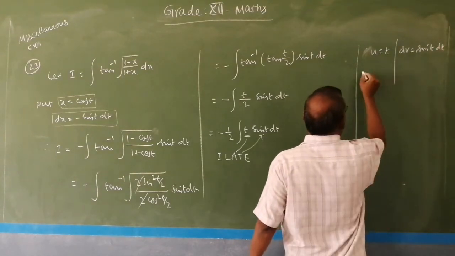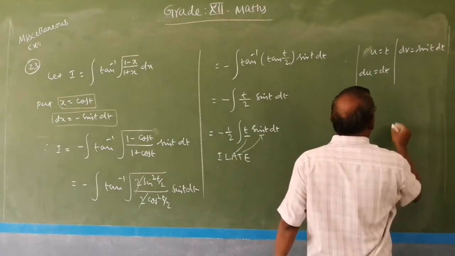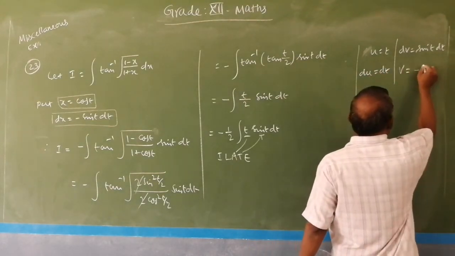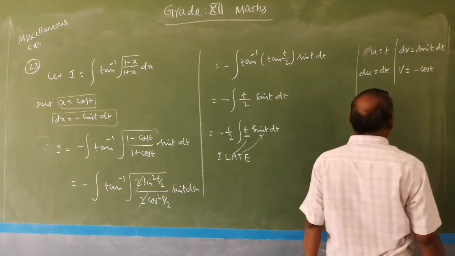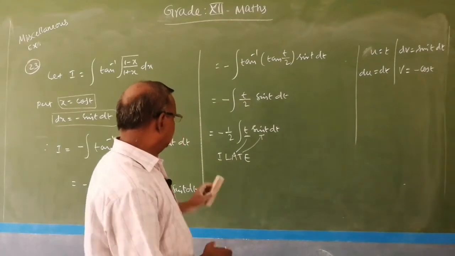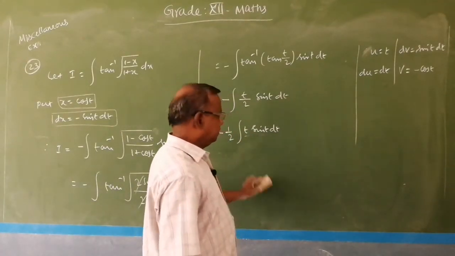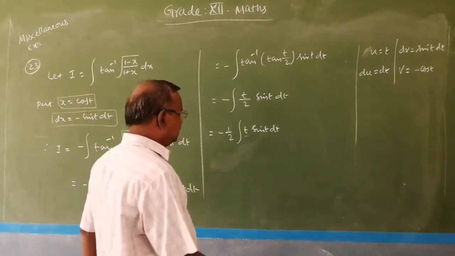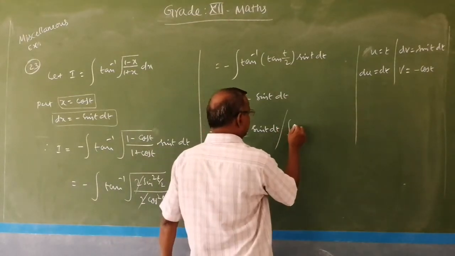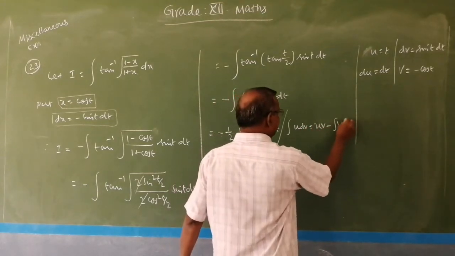Now differentiate u, du equal to dt and v equal to minus cos t. We know that integral u dv equal to uv minus integral v du.